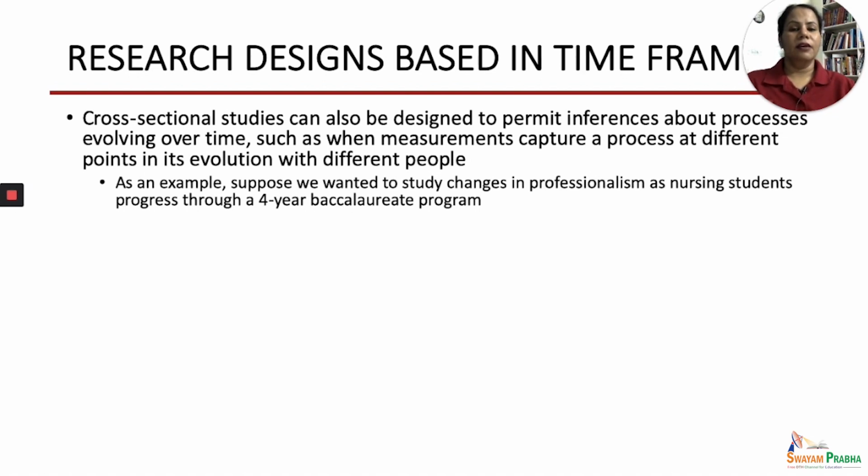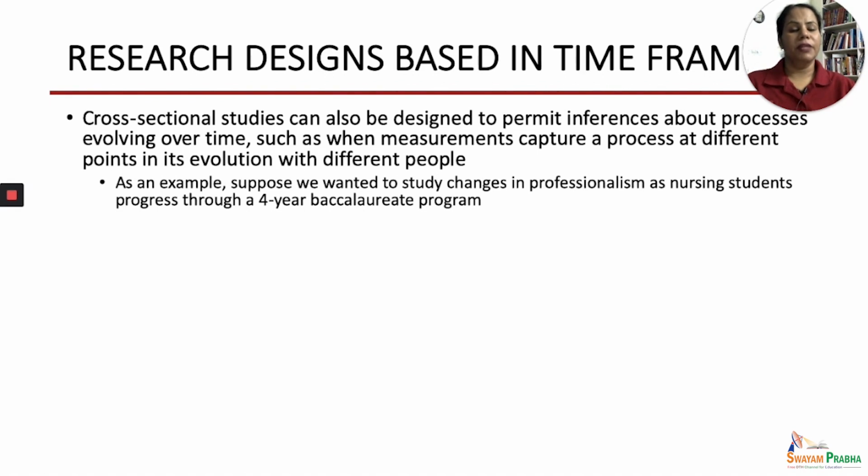And then we can compare the professionalism between first, second, third and fourth year. So now we studied the professionalism at different levels of students in the bachelor program of nursing, and we get to know how the professionalism differs from first, second, third and fourth year.